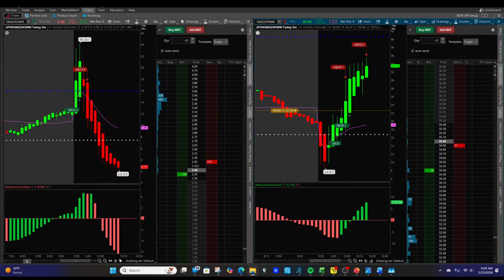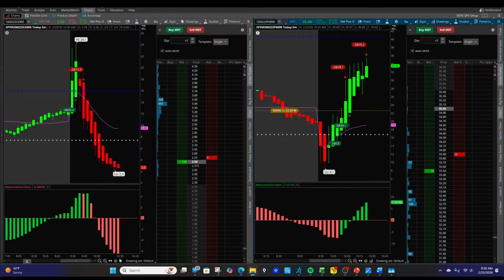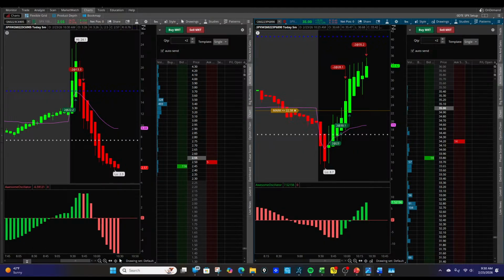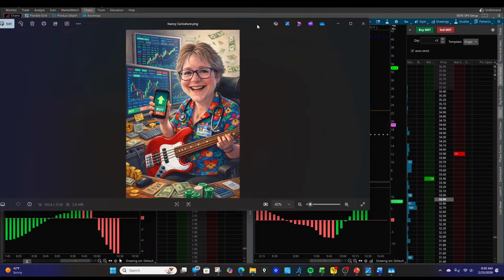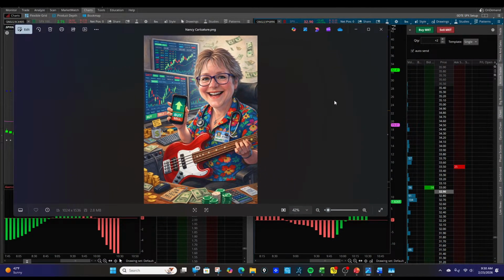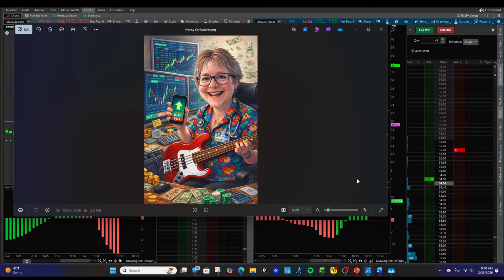I've been having so much fun with AI lately. It's just cool what you can do with it. This is my caricature that I did on ChatGPT. And I play the electric bass. This doesn't look like my bass. My bass has got natural wood here, and it's got a natural neck. But when I put in information about myself, this is what it came up with.